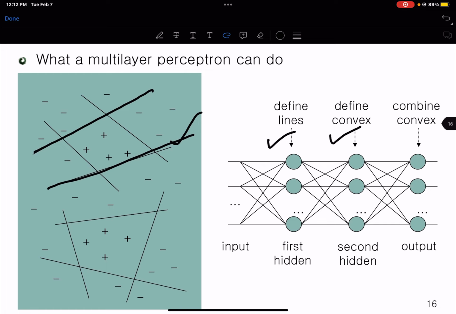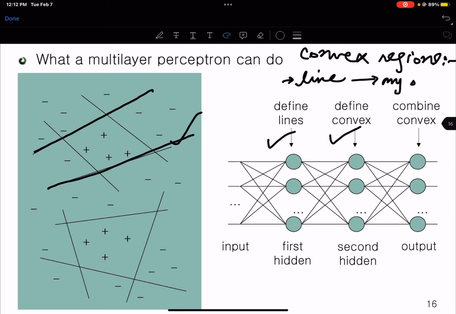If you can draw a line from any point in the region to any other region, and the line passes out of the region, then the area is not convex.